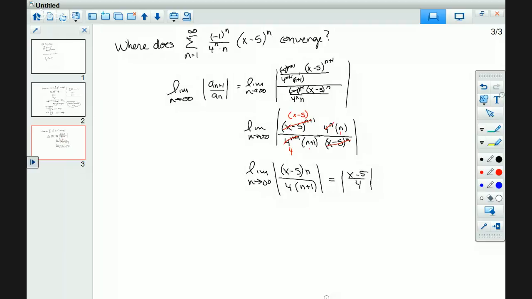Now, what does this have to be less than to converge? 1, so we're gonna do, so multiply by 4, subtract 5.